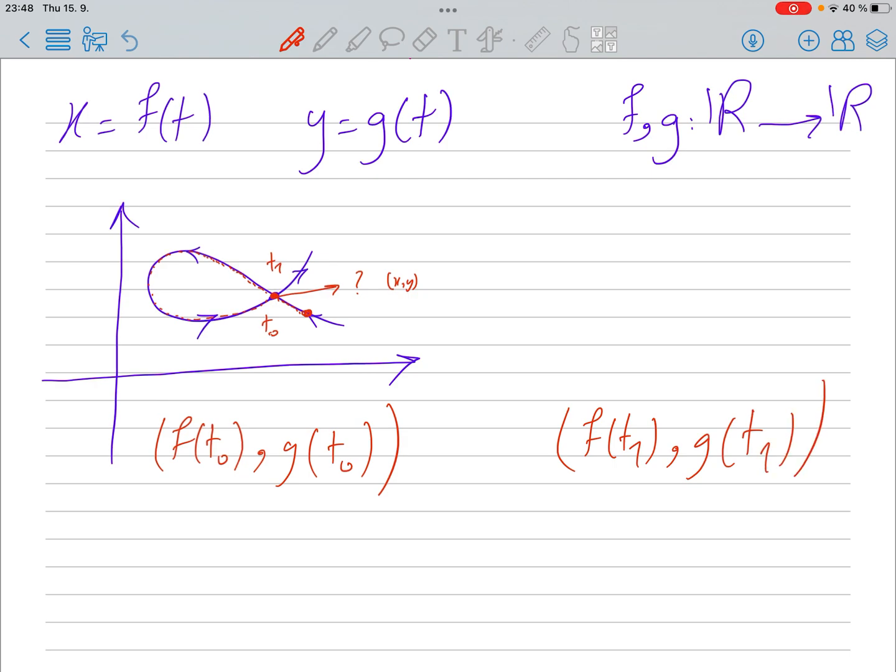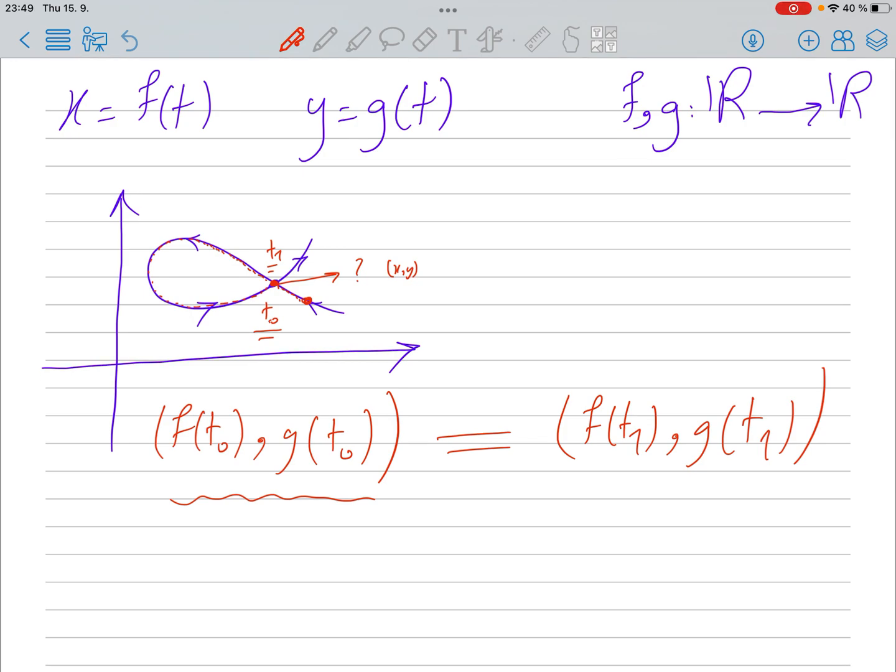Now, because the location of the particle at t0 is the same as the location of the particle at t1, this one is equal to this one, right?